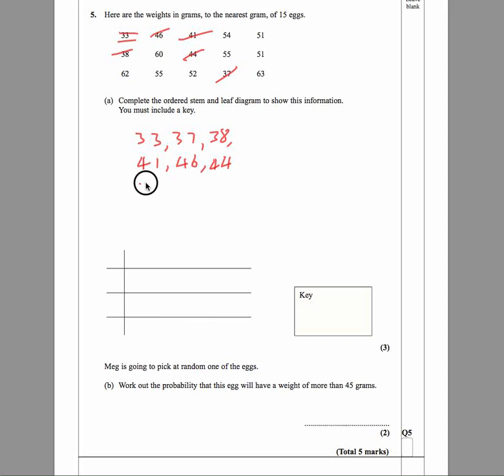Okay, and then 50s, we got a 55, a 52, a 51, another 51, 55, and this way if you miss one you can always go back and write it in. Oh, there's a 54, nearly missed one there.